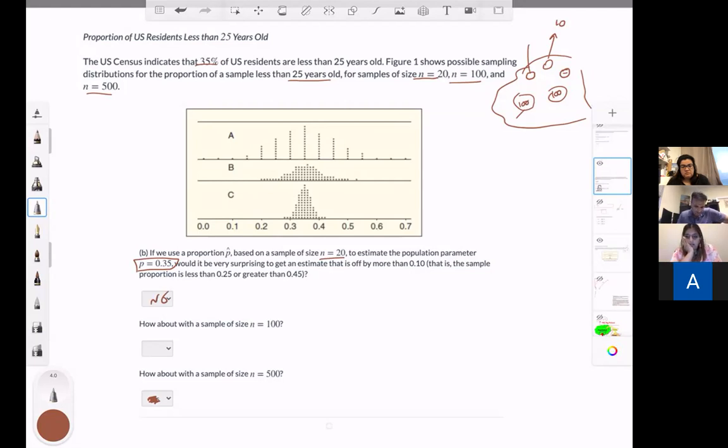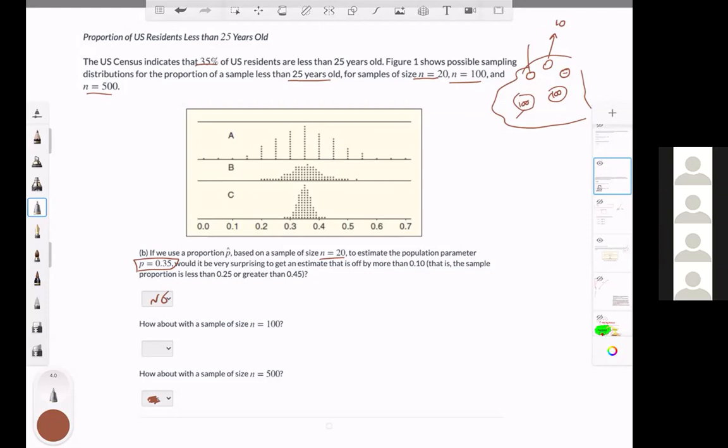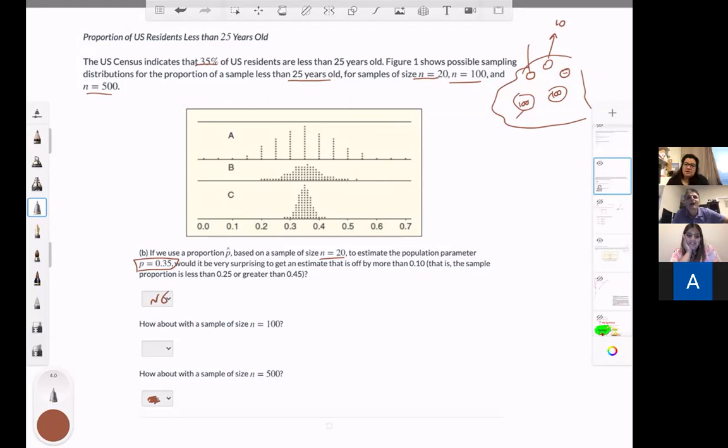What about a sample size of 100? We are comparing three samples, so don't make it that complicated.